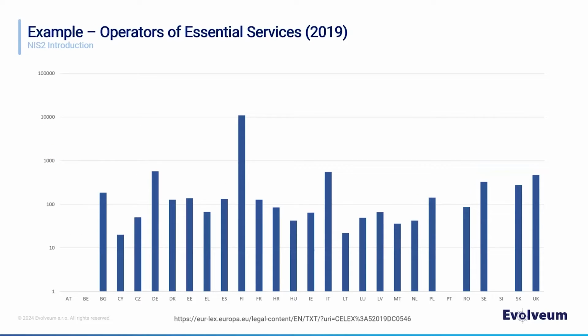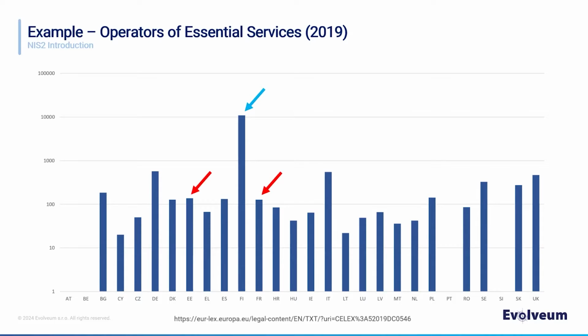And one picture for all, here are the numbers of operators of essential services. These are subjects of NIS. Data are from 2019, and we can see here Finland with more than 10,000 operators of essential services, and that's more than all other countries altogether. It was caused by very sensitive identification criteria in healthcare.